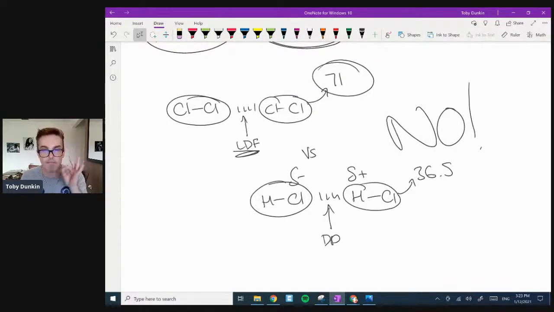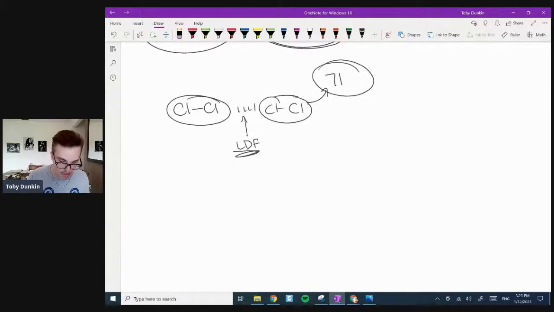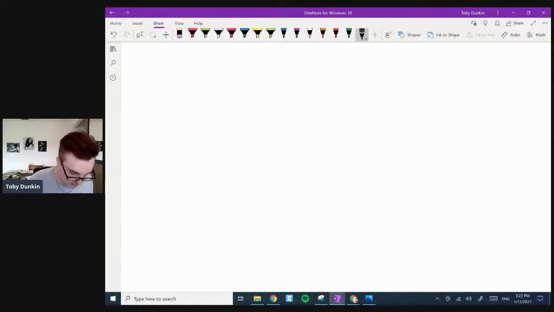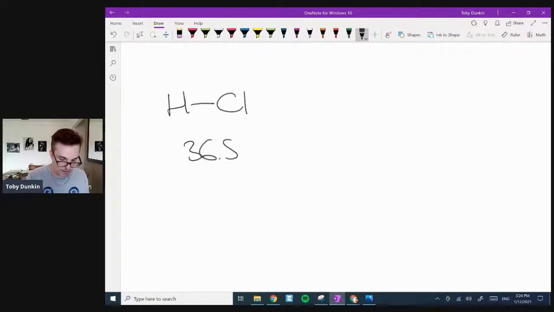If you're going to compare the forces, you must make sure that something is equal. And most of the time, it's the LDFs. You can't really compare them directly. But what you know is that LDFs are the weakest. But we also know that they are cumulative based on the size of the molecule. So, for example, a better comparison would be, got to be really careful here, HCl has an MR of 36.5.